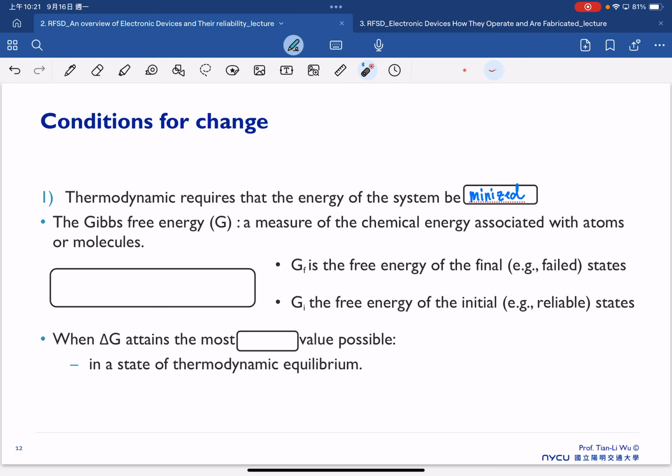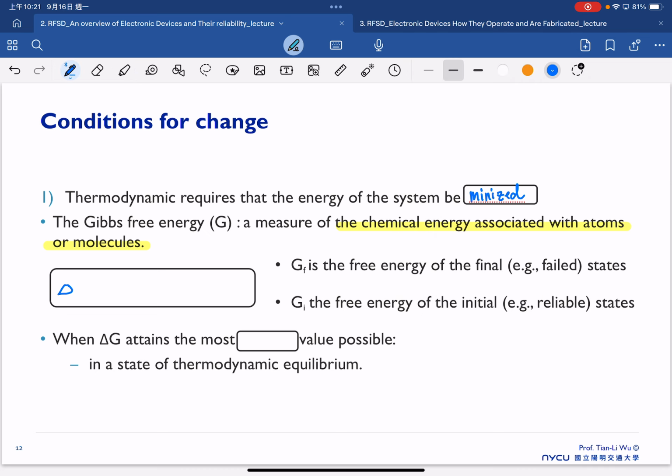Therefore, we have to introduce a specific term: the Gibbs free energy. Gibbs free energy is an energy that measures the chemical energy associated with the atoms or molecules here. So that's what we call the Gibbs free energy.